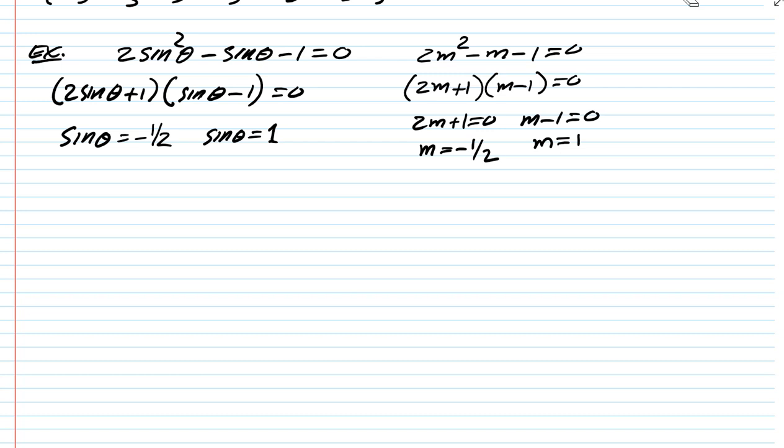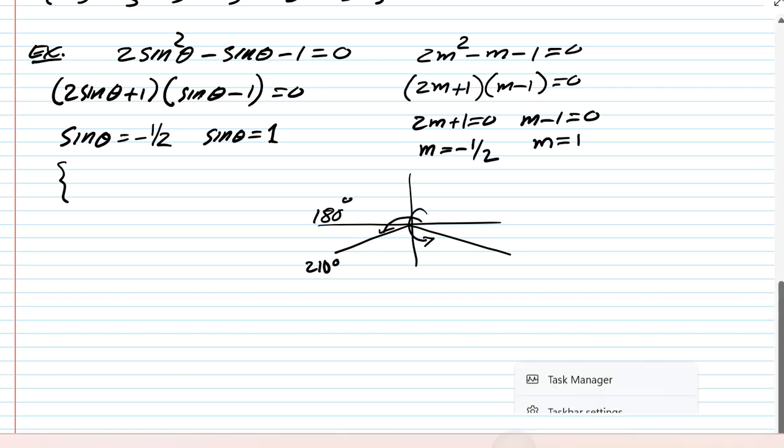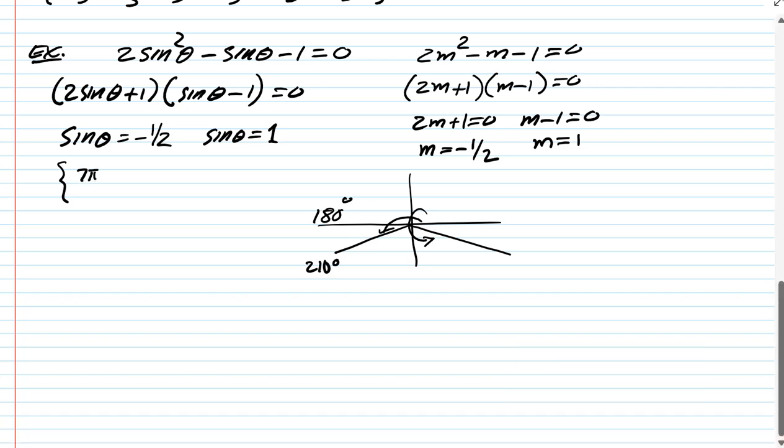Cool. Now at this point we say, okay, well, sine of what angle is negative 1/2? And let's see, sine of 30 degrees is 1/2, right? Now negative, so the angle must be in the 3rd or 4th quadrant. This is 180. That should be 210 degrees. Okay, so that's going to be 7 pi over 6.